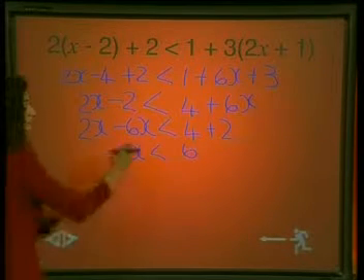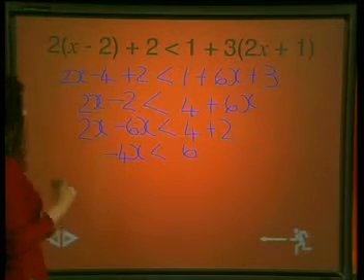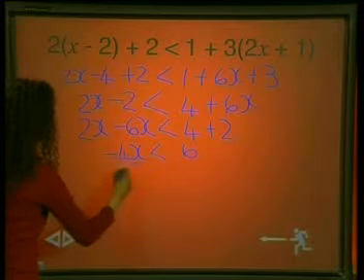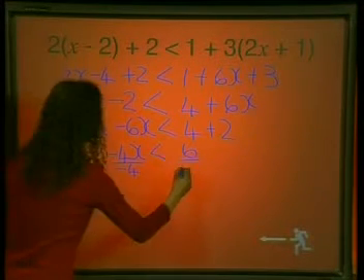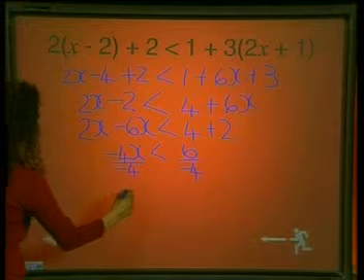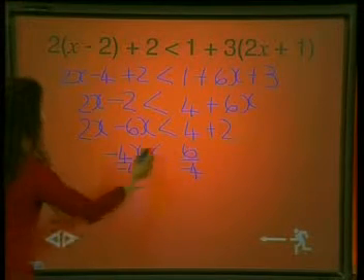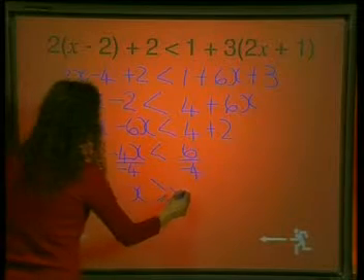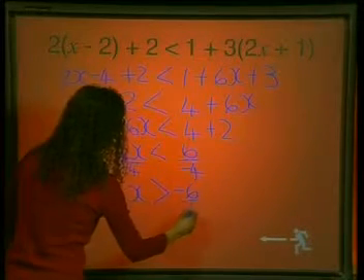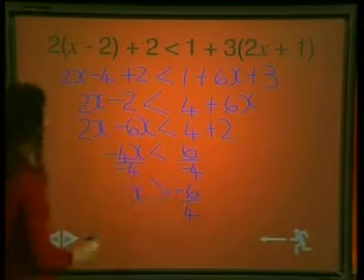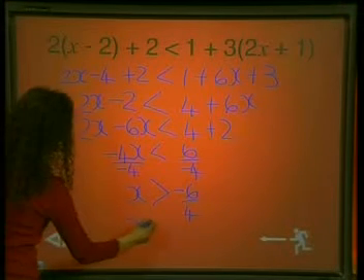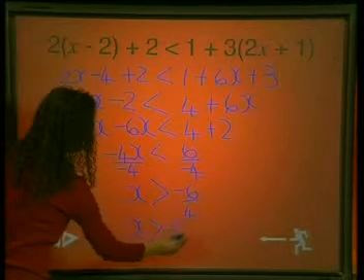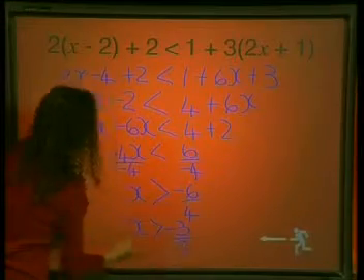Now don't forget we've got to swap the inequality sign around. So we divide through that side by minus 4, that side by minus 4, but now we actually do it. So we get x, swap the sign around, is greater than minus 6 over 4. And we should write that in simplified form as x is greater than minus 3 over 2.